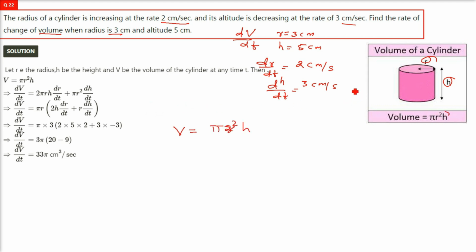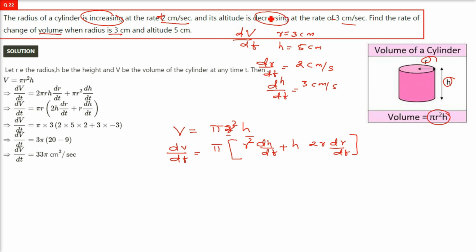Pi r square h is the volume, and we are going to differentiate this. dv by dt is equal to pi times, you can take it common, r square into dh by dt plus h into the derivative of r square, which is 2r dr by dt. We are applying the product rule here. Now, as I said, increasing is plus, and decreasing will always be negative, so you have to put a negative in front of 3.